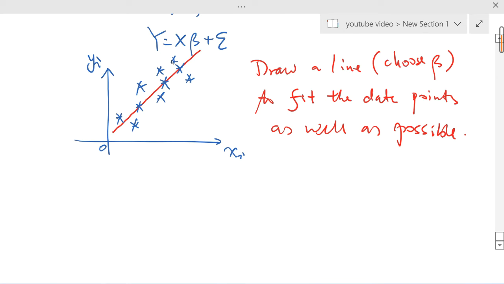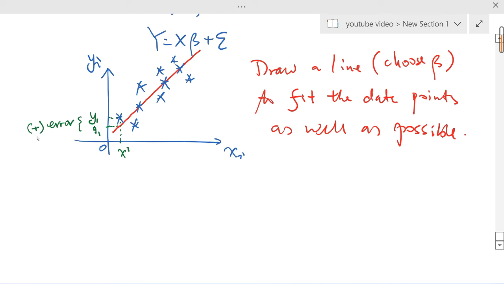To see this, let's look at the graph. Look at the first data point. This point corresponds to, let's call it x1, and the associated y1. According to the red line I just drew, the y that corresponds to x1 would be this, let's call it y1 hat, and we can easily see that there's an error here, and this error is positive.